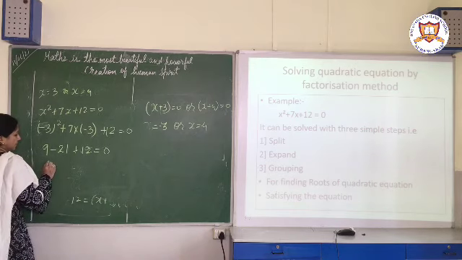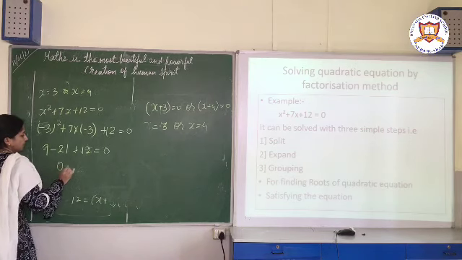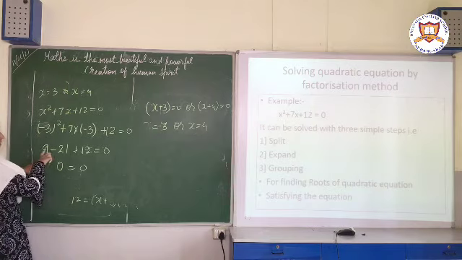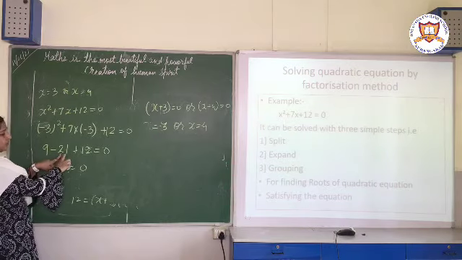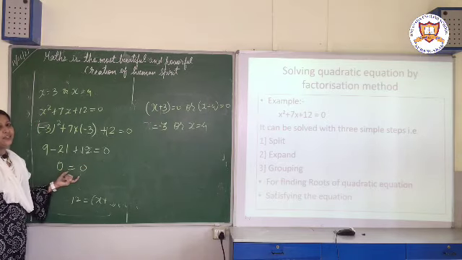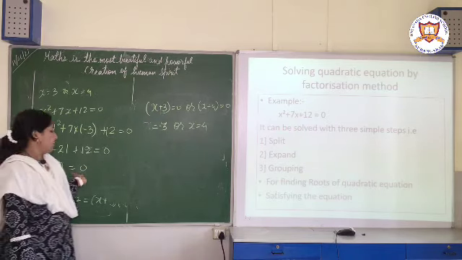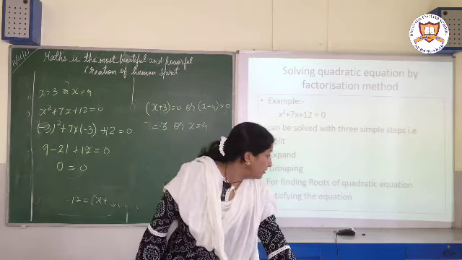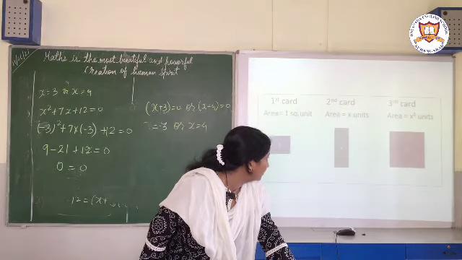It will be 0 only because 9 minus 21 is minus 12, and minus 12 plus 12 gives you 0. So, in this way we can satisfy the equation. Okay. Now, let us see one activity based on it.